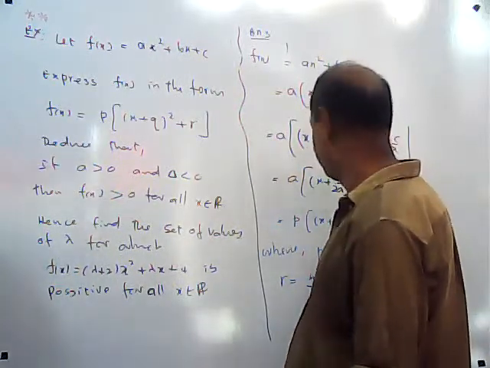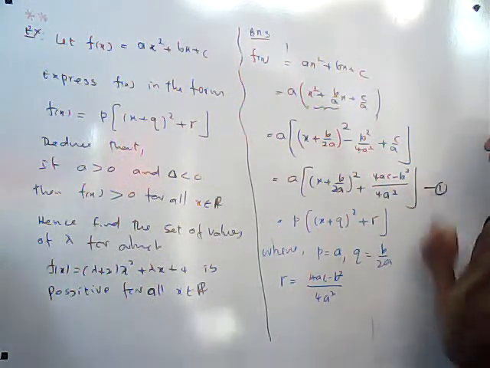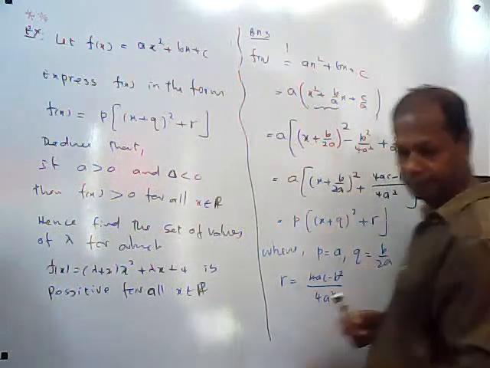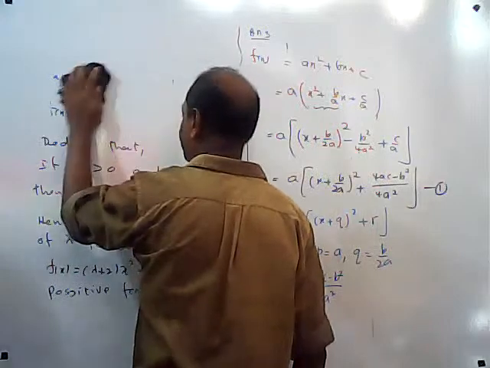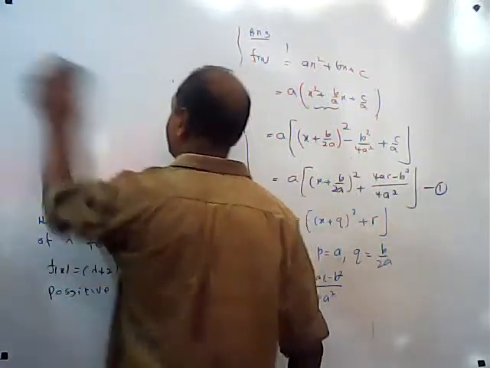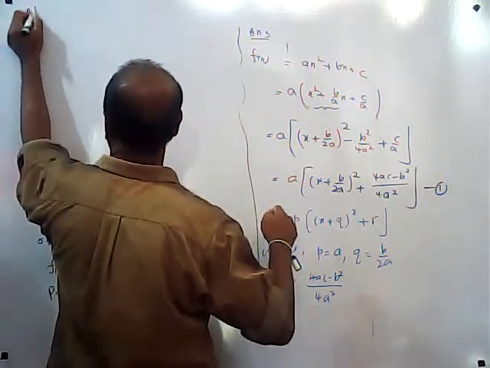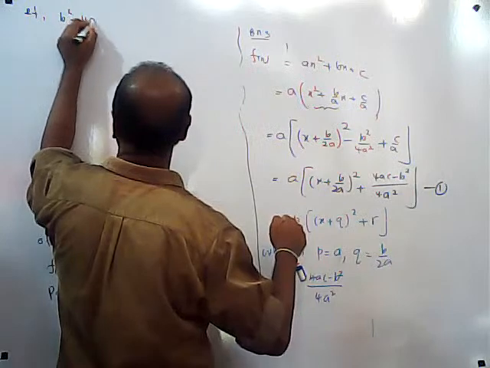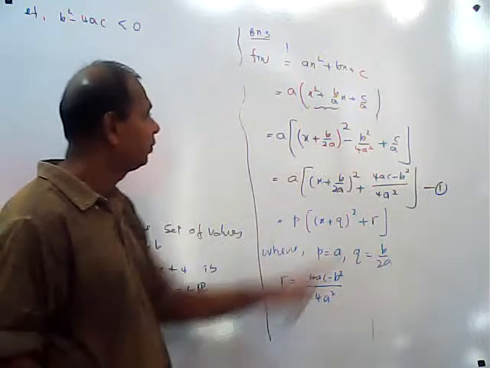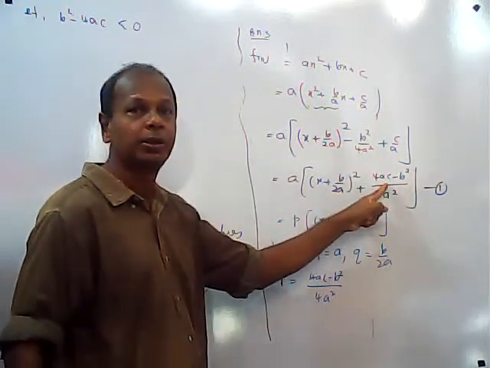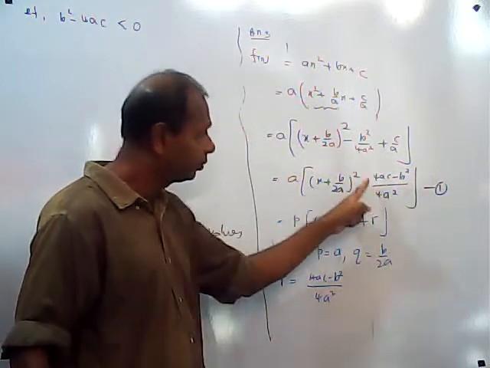First, look at this. If you are given b squared minus 4ac is less than 0, then what about this part? The numerator, 4ac minus b squared, what happens to this thing?